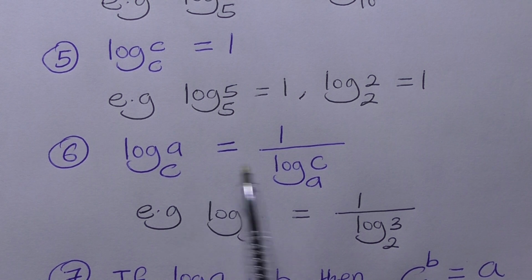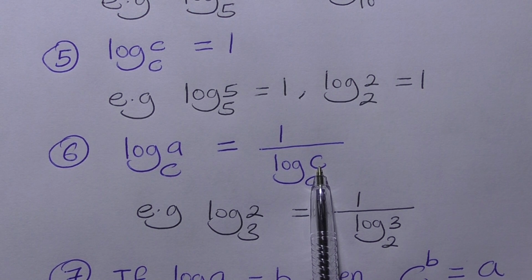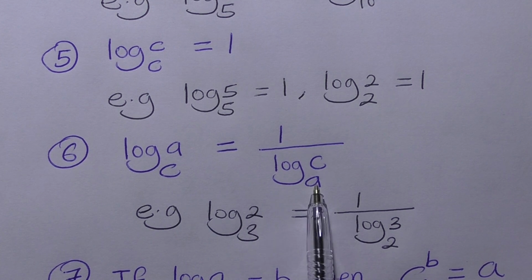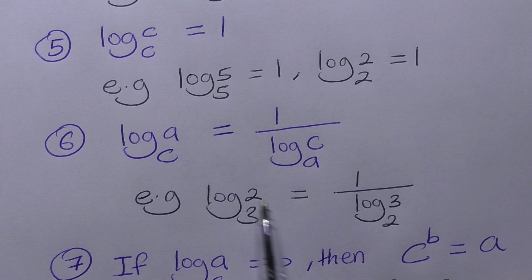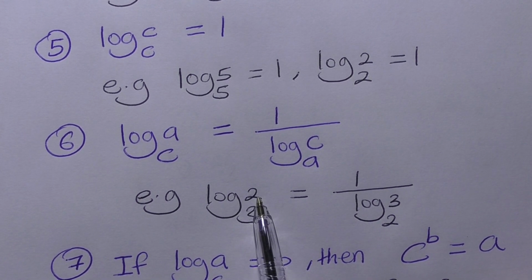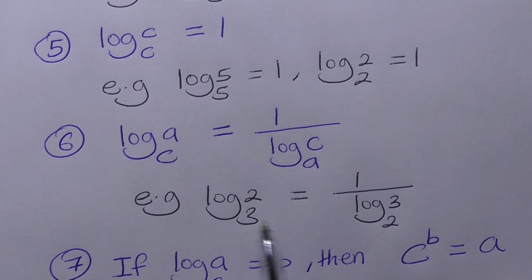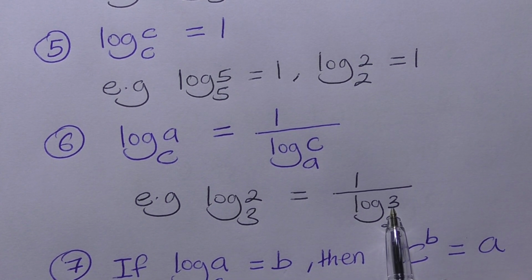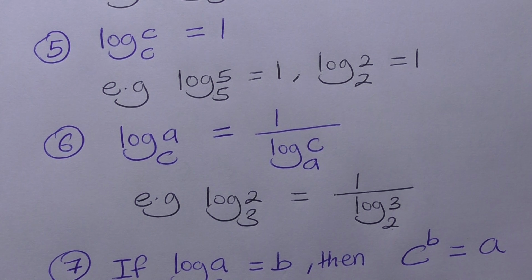For instance, in log 3 power 2, we want to make 2 our base and 3 to become the power. So we shall simply say 1 over log 2 power 3. That is one way of changing the power and the base.